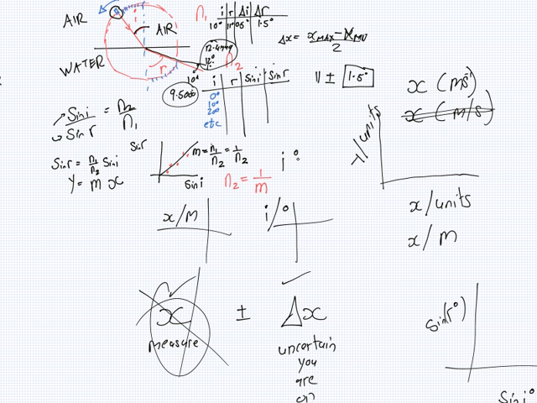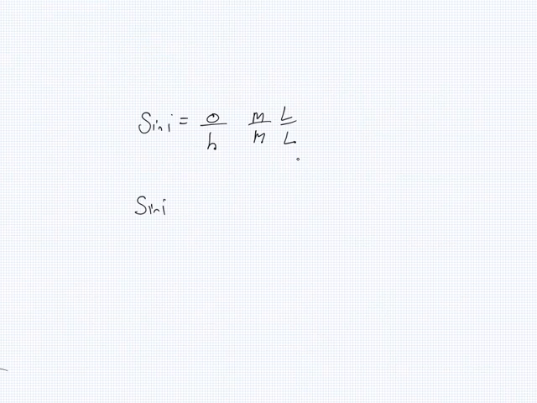Alright, can I continue? If we increase it then to 20, we get the reflected and refracted rays, and so on. We'll just continue all the way. Now the next half of this experiment is to get the critical angle. So you need to do this twice, but then do it from water to air.